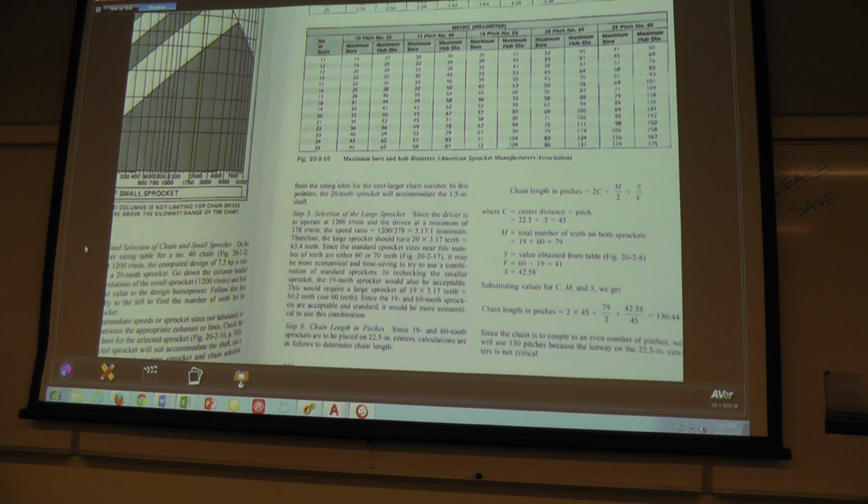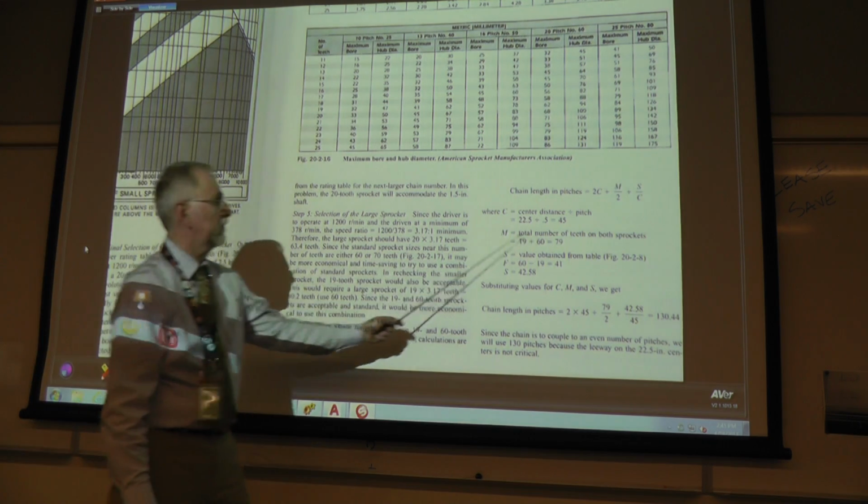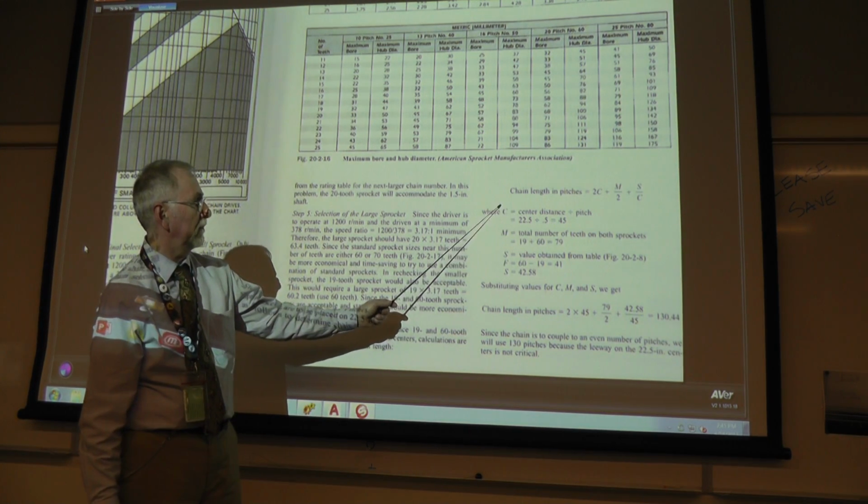Okay, I'm sorry, C is the center distance divided by the pitch. That's going to give you the C.